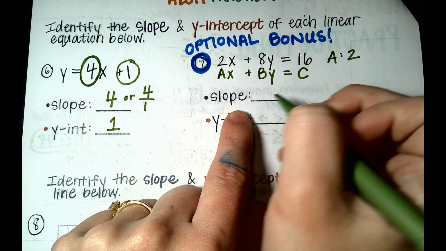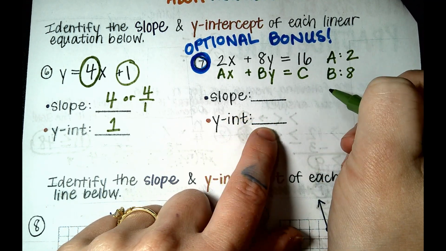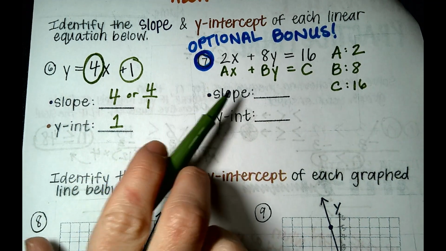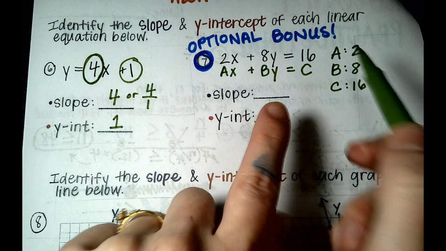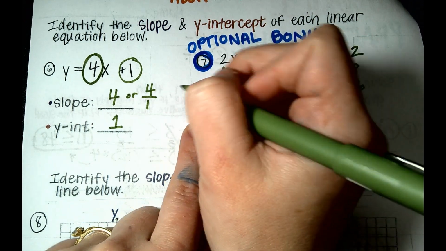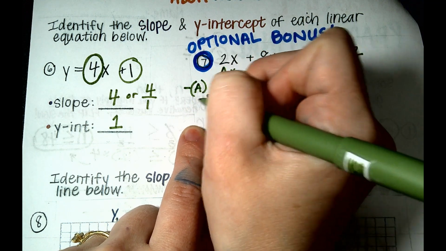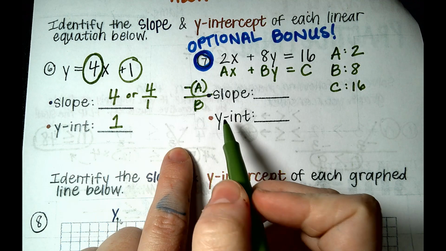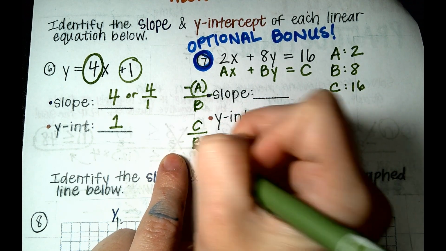Good. What's the value of b? 8. What's c? Perfect, 16. So there's a special formula for finding these. The slope can be found by using negative a over b, that's slope. For y-intercept, we use c over b.